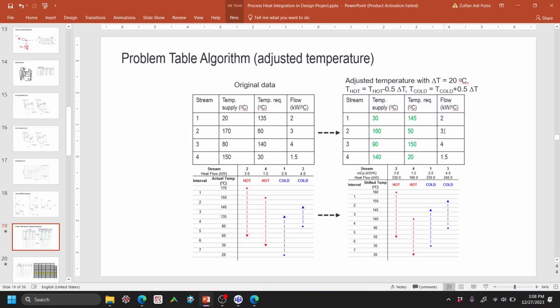But in the interval 150 to 145, we have two streams, stream 2 and stream 3, and the MCP is obviously 3 minus 4, which is minus 1. So that's the net MCP, 3 minus 4, and so on and so forth.